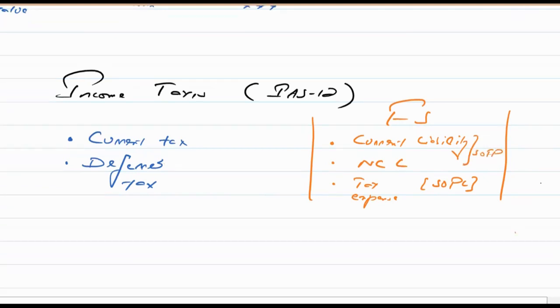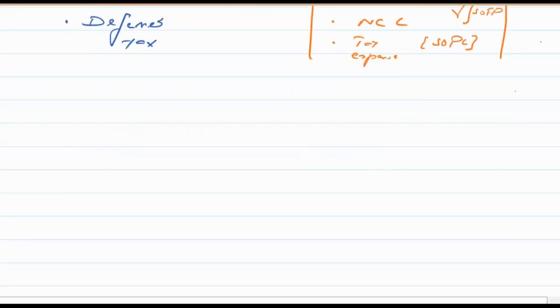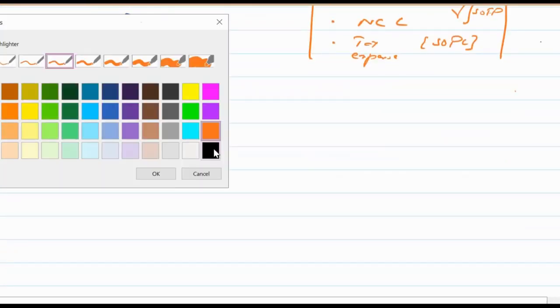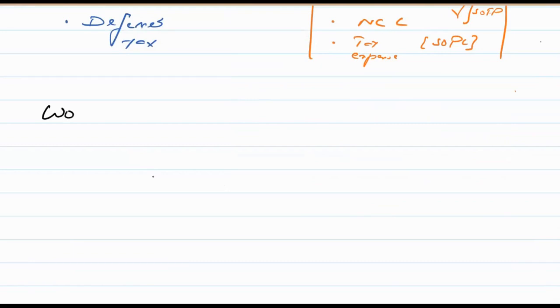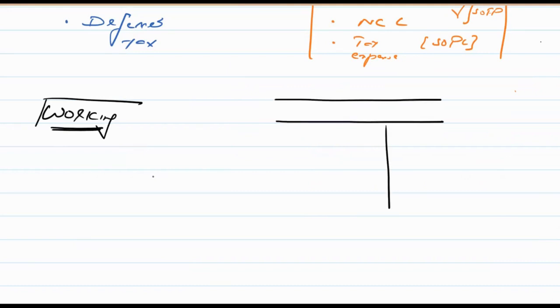Now, how can we calculate it? So there is a basic working again. You will be having the trial balance. Again, the trial balance has two sides, debit and credit.